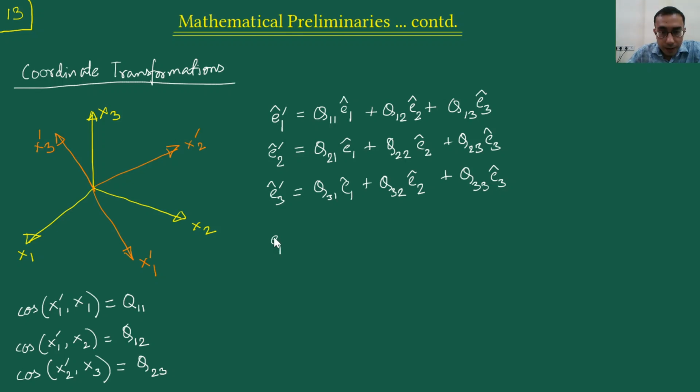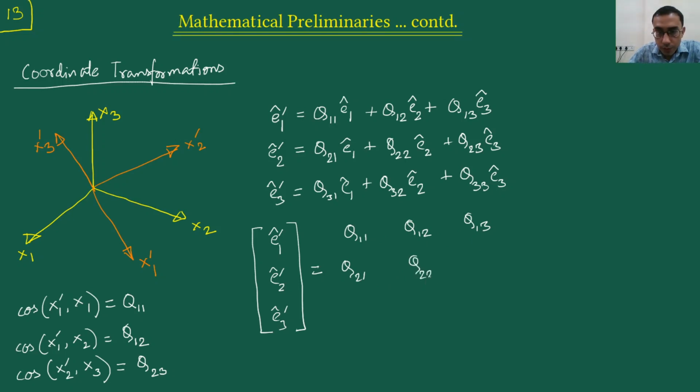So this can be written as E1 hat dash, E2 hat dash, and E3 hat dash in the form of a column matrix, and this can be written as the matrix with rows q11, q12, q13, then q21, q22, q23, then q31, q32, q33, multiplying the column of E1 hat, E2 hat, E3 hat.